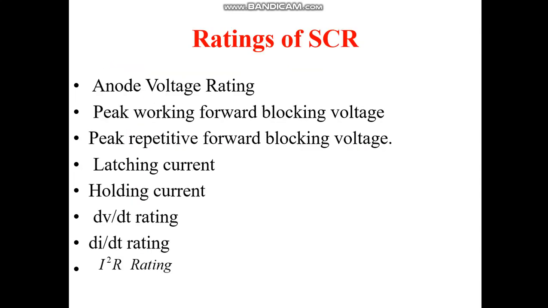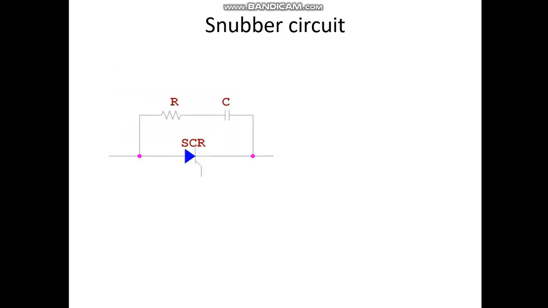Initially, if the anode to cathode current flows, during this condition the SCR should be in the open position. If there is any malfunction or disturbance and the current rises, that current should be limited by the resistor.